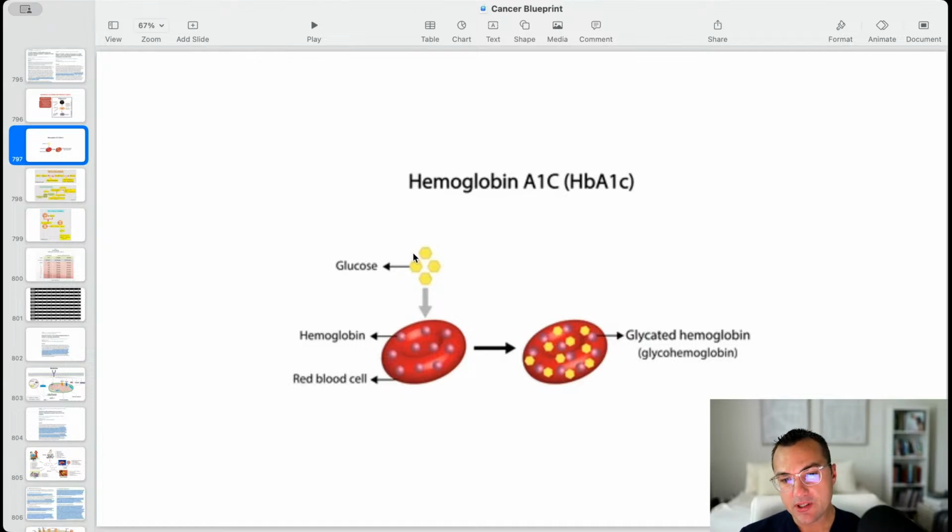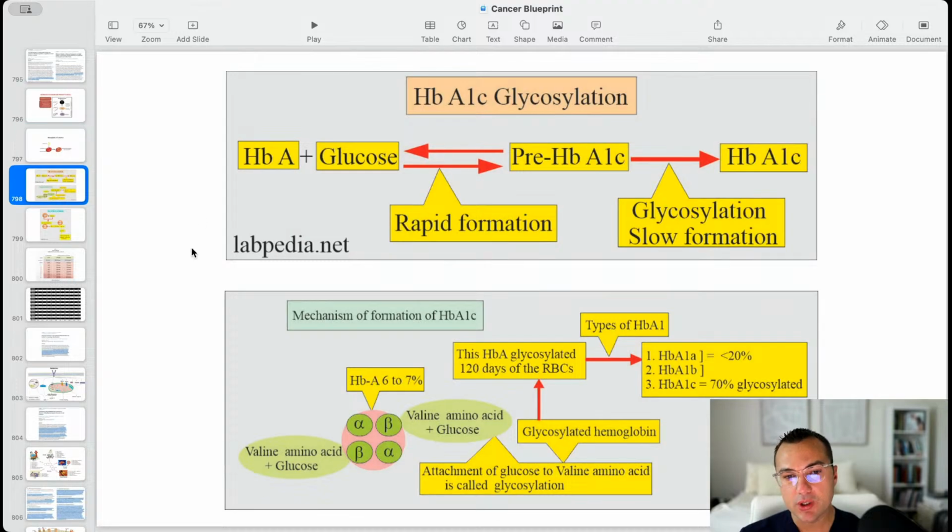Glucose will glycate this hemoglobin molecule, and that is how we know whether you have poor glycemic control. When you have excess glycation of the hemoglobin molecule, we can detect that in the bloodstream. So basically, hemoglobin plus glucose equals A1C.